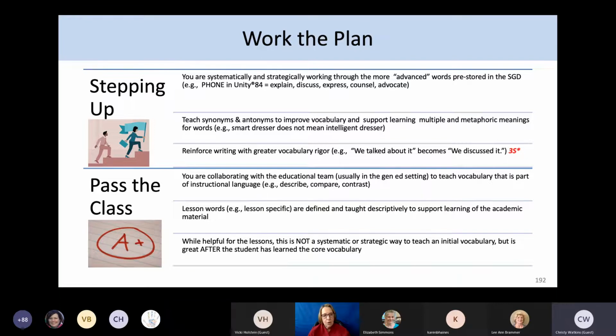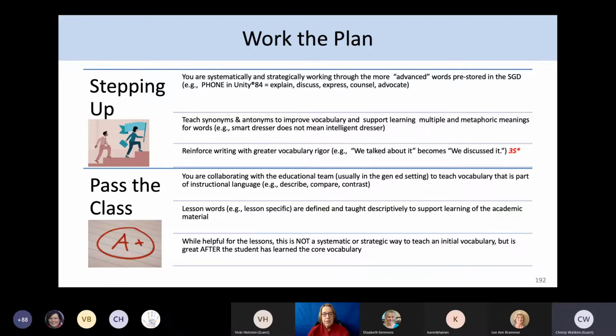For him, that's important. And then finally, I mentioned pass the class, that not only were we working on maybe some lesson-specific words, but learning words like, what does it mean to describe? What does it mean to compare? Because he's getting assignments that say to him, you need to compare these two things. If he doesn't know that kind of instructional language, he's not going to be able to make it.